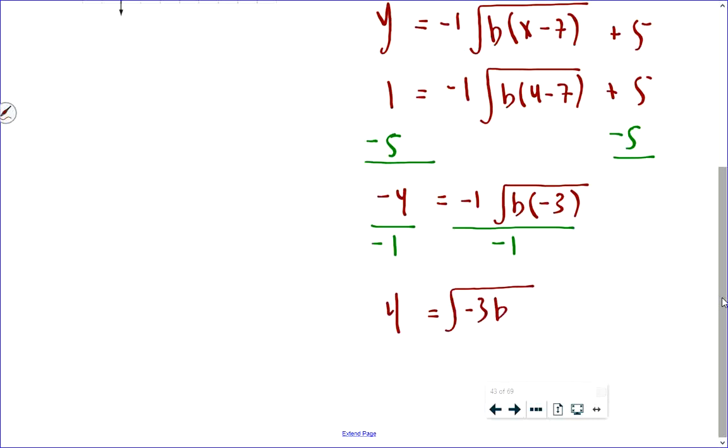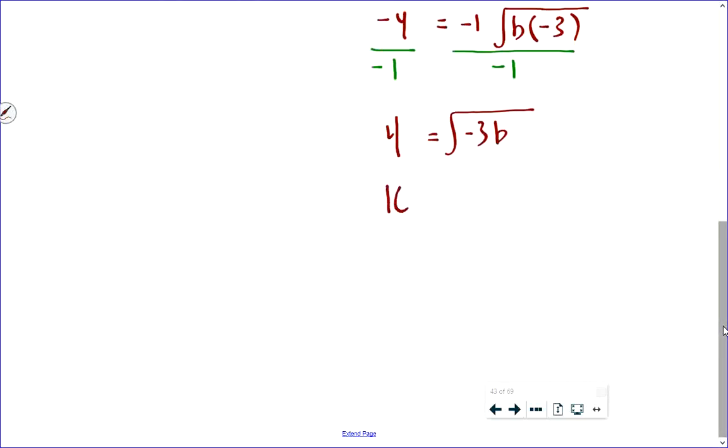Now I'm going to square both sides. And divide both sides by negative 3. And I get negative 16/3 for b.